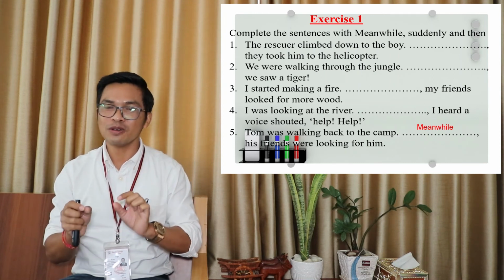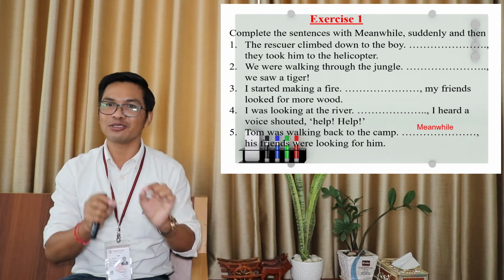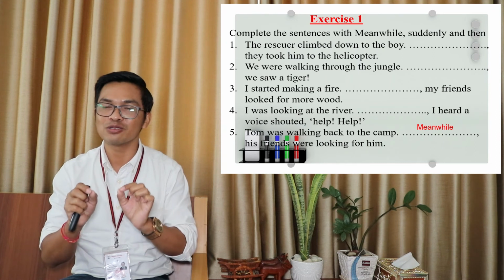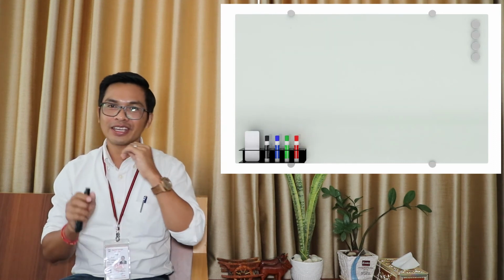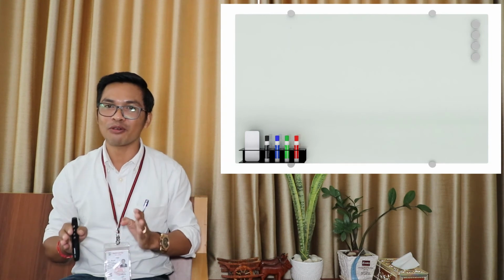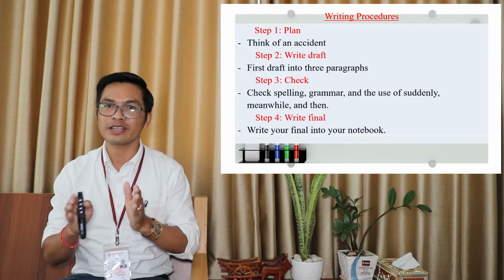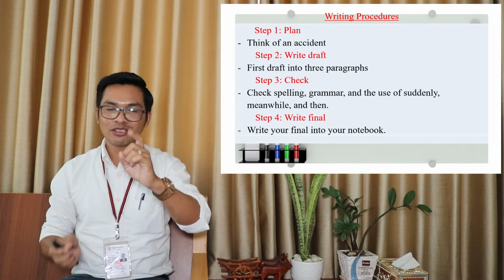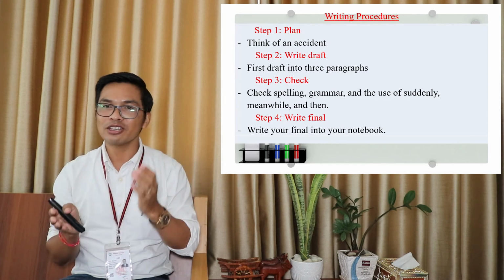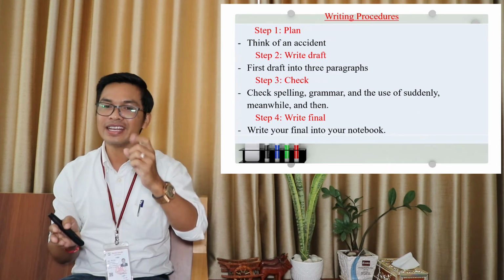If you are not sure, please move back and watch this video again and again so that you can understand the uses of the three words. Right, now let's start writing. But before writing, I want you to understand how to prepare and what the steps of writing are. Writing procedure. Look at it. Number one, you have to plan your writing. What is your plan? You have to think about one accident you have ever had.